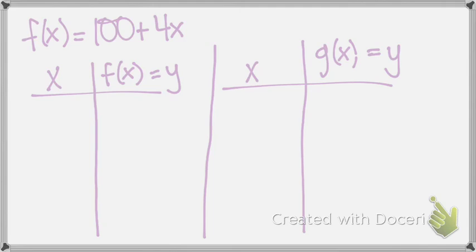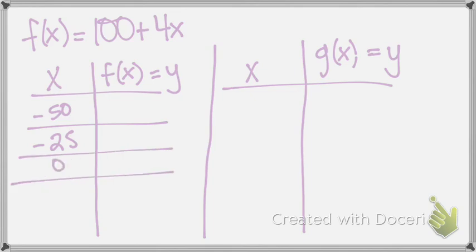On the left, we've got negative 50, negative 25, 0, 25, and 50. To get these y values, you are going to plug in the x's and get out the y's. For this first one, you are plugging in 100 plus 4 times negative 50.